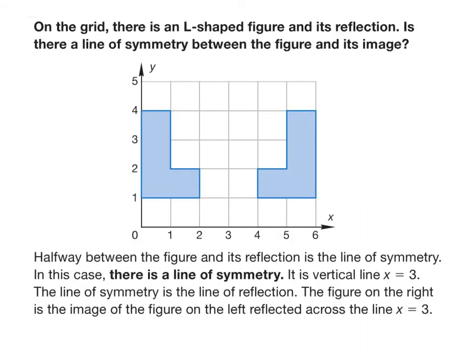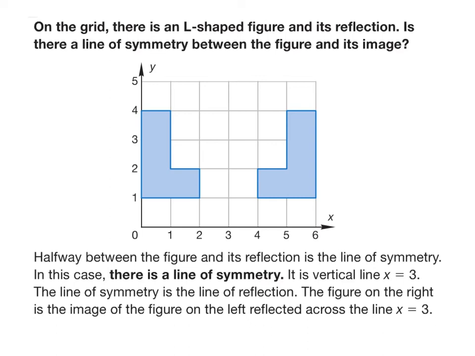The last type of symmetry that we'll talk about today is when there is a line of symmetry and something has been reflected over it. So it's almost like looking at the transformation known as a flip or reflection. Halfway between this figure and its reflection is a line of symmetry. In this case, there's a line of symmetry at the vertical line x equals 3. I will highlight where x equals 3 so that you can see what they're talking about.